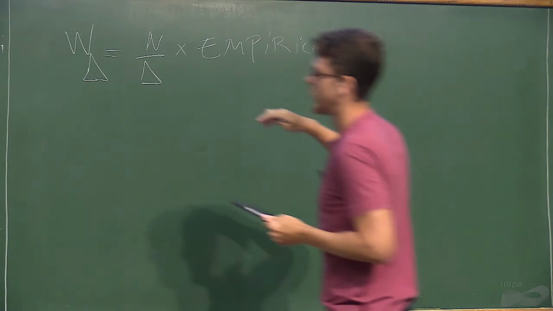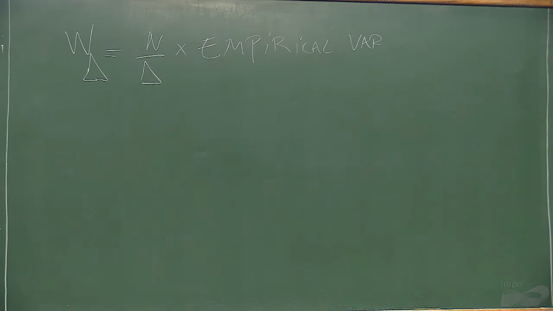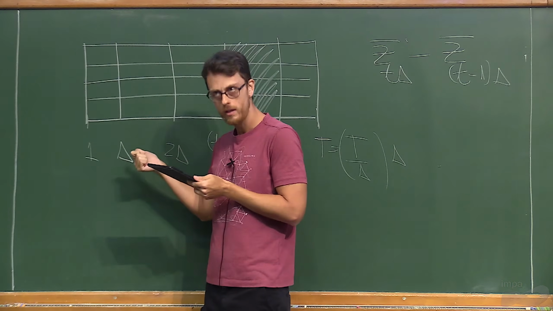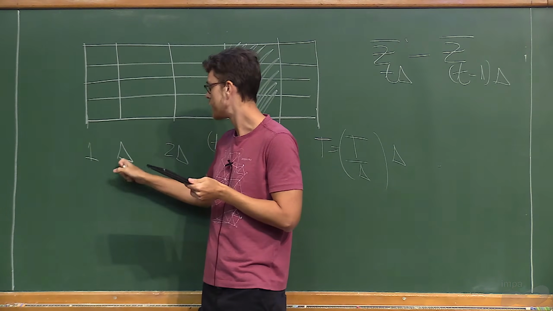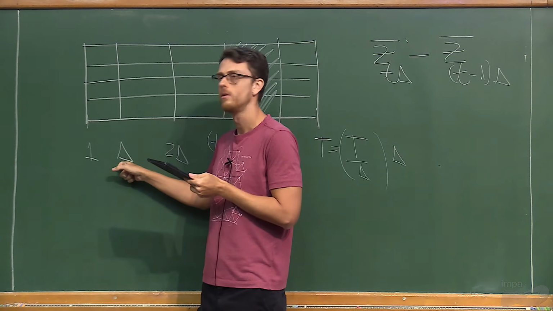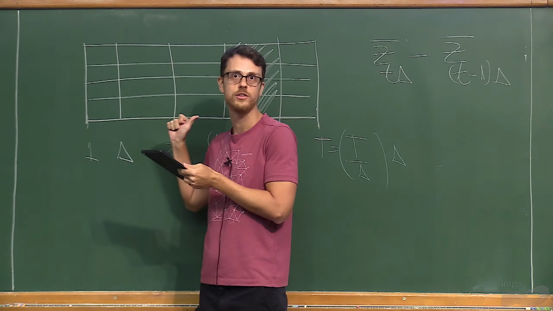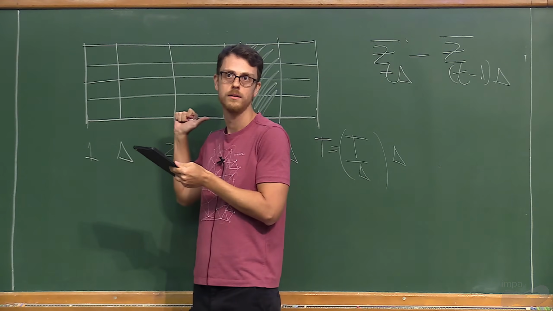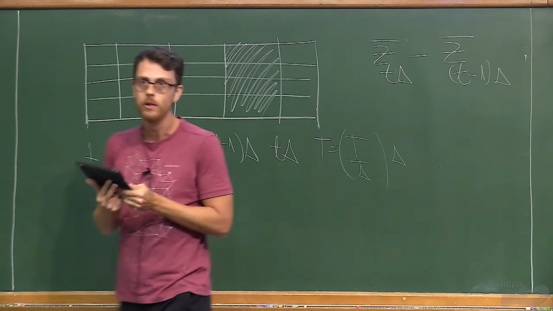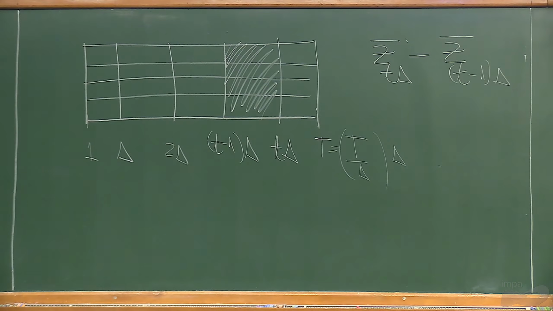Then we consider the same random variable, but the scale that we consider here is twice as large. So it's 2 delta. And we can show that this thing converges to the same quantity.